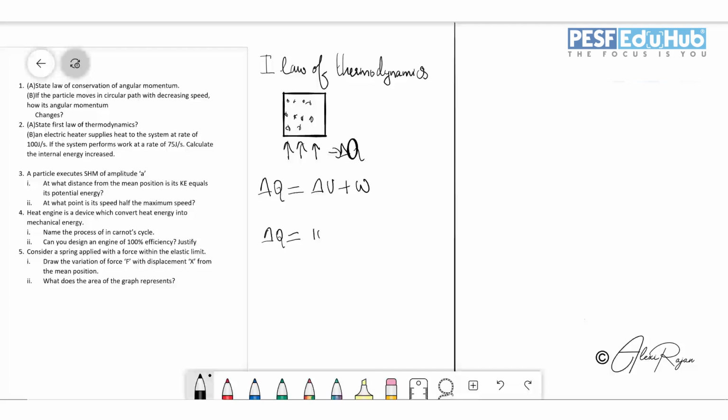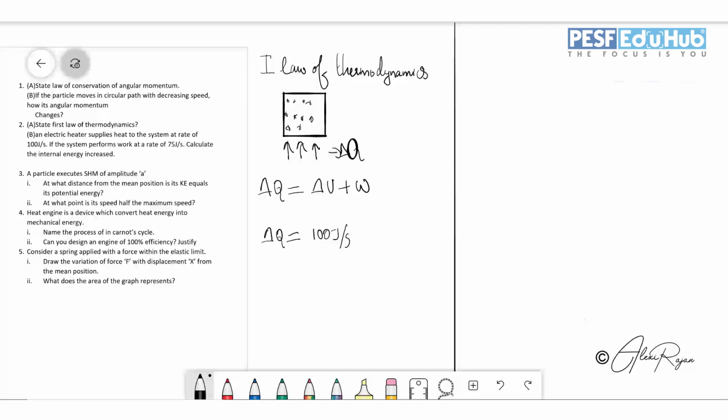At 100 joules per second, per second it is giving 100 joules. So that 100 joules is the amount of heat given. Don't think about joules per second; I'm saying that per second it is 100 joules. That's why I have given that particular unit. So here 100 joules is the amount of heat given. So delta Q is equal to 100 joules.